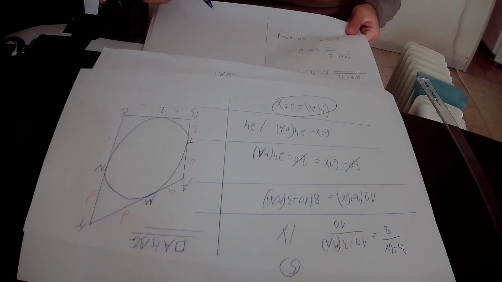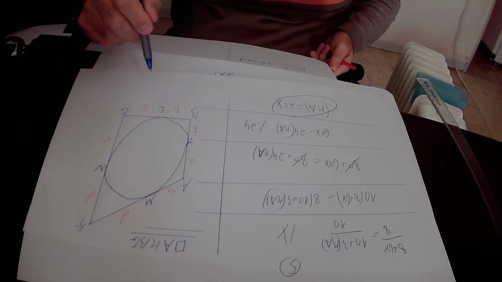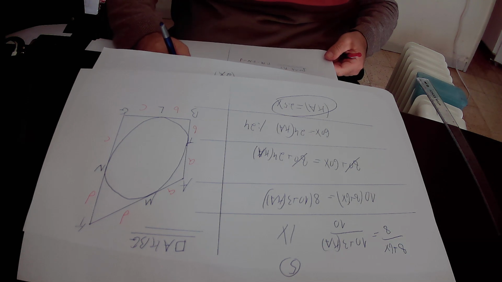In the next step, we'll add side AB to side KG in quadrilateral AKBG. So AB plus KG.